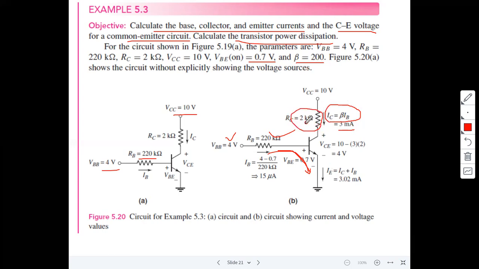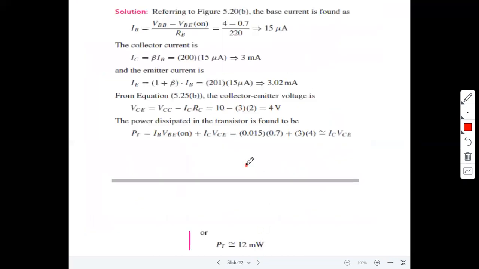What is drop across RC? 2K into 3 milliamperes, that is equal to 6 volts drop across RC. Remaining is the VC, that is equal to 4 volts. Once you know the base current and collector current, IE is equal to IC plus IB, that is equal to 3.02 milliamperes.